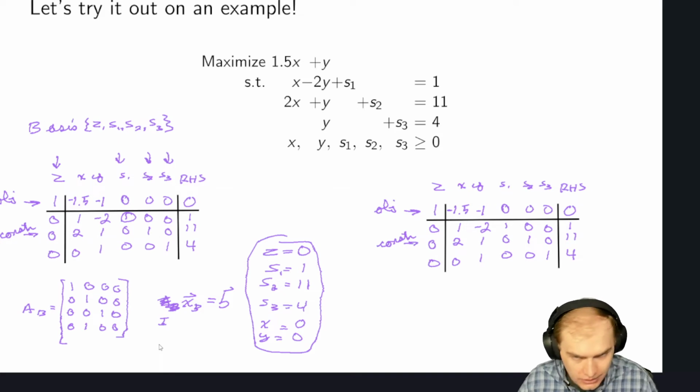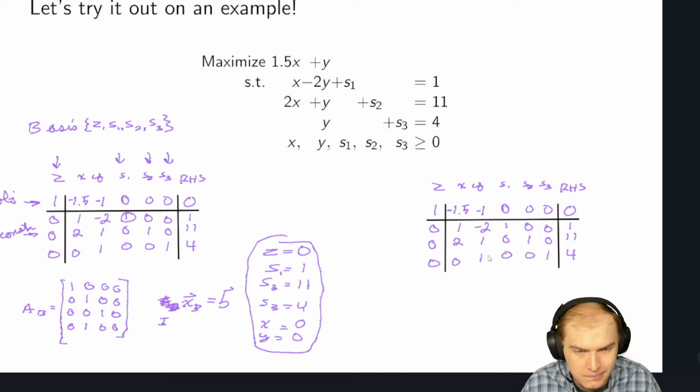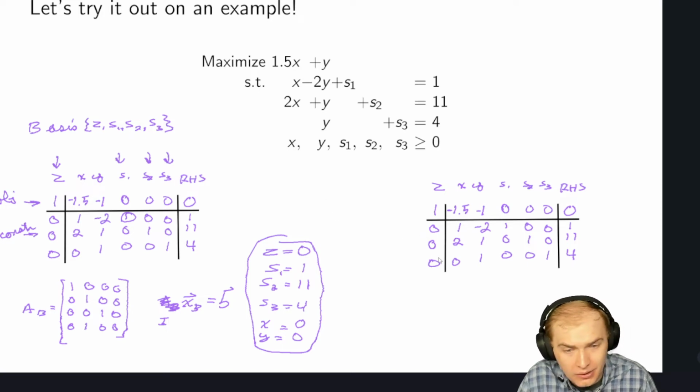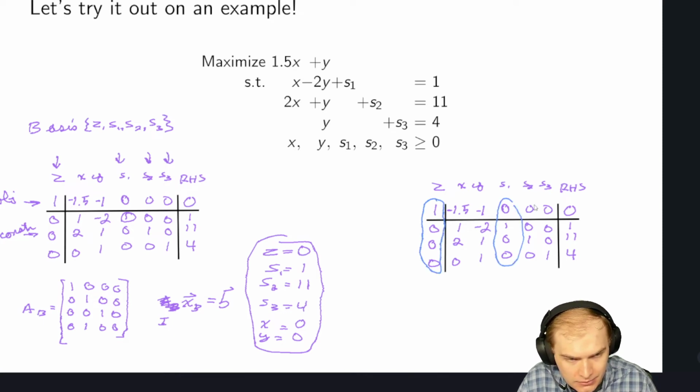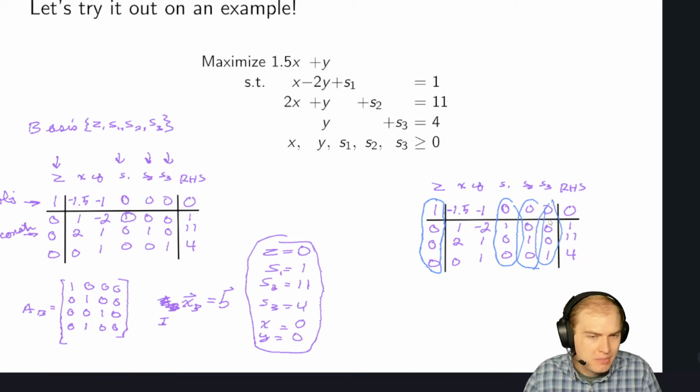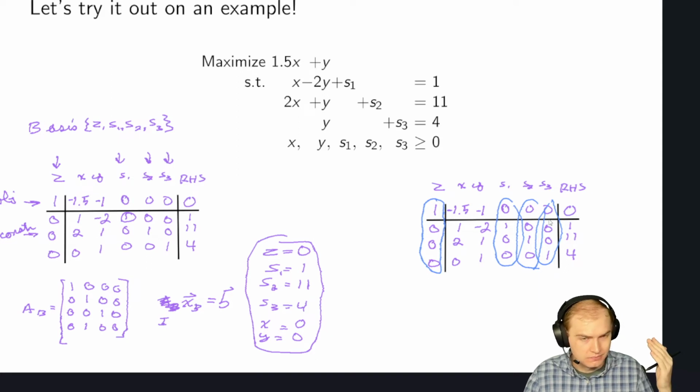So if we just look at the tableau without knowing our basis at the outset, we can see that z, s1, s2, and s3, all four of those have a 1 in one of the entries of that column and zeros everywhere else.